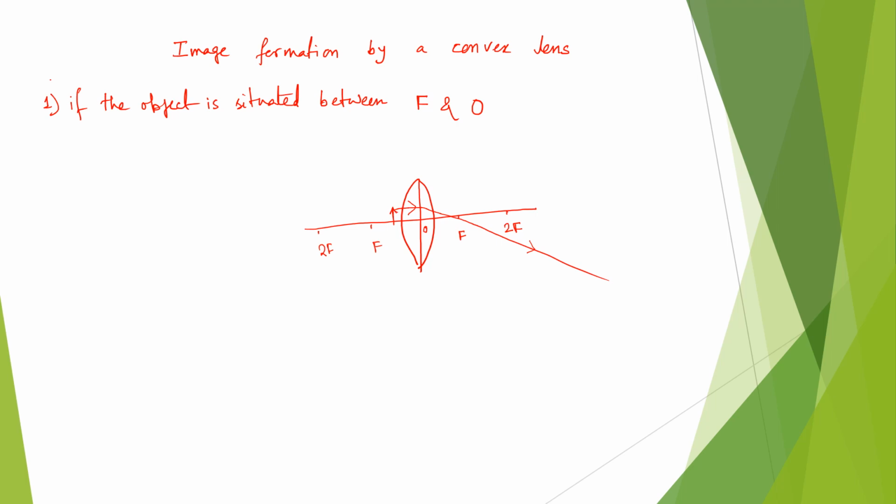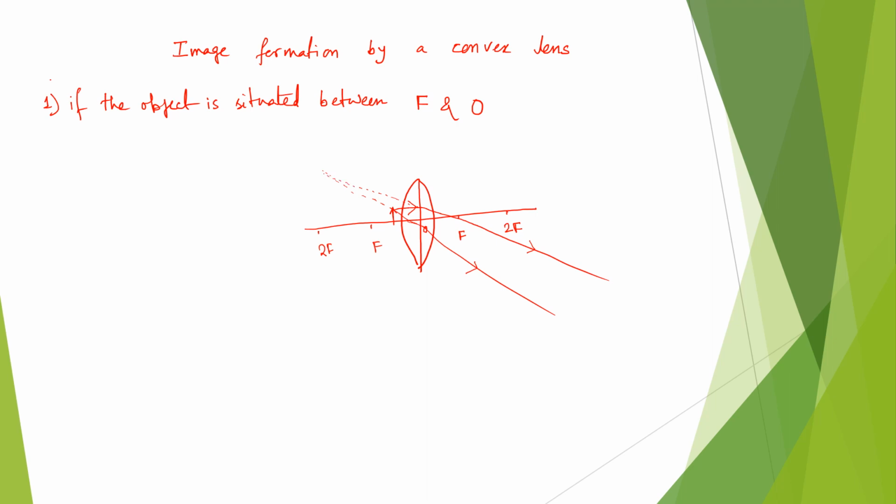Okay, we will give the arrow. And the light ray which passes through the optical center will pass directly, always, without showing any deviation. So you can see we are getting here two diverging rays.